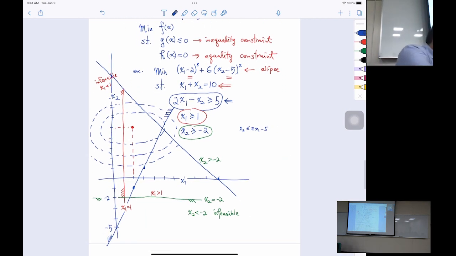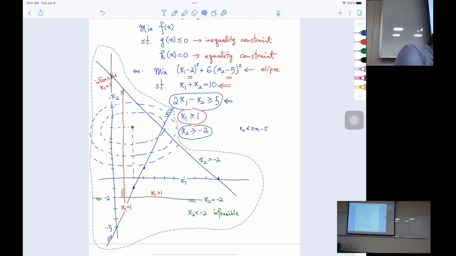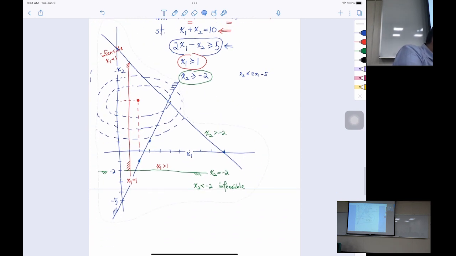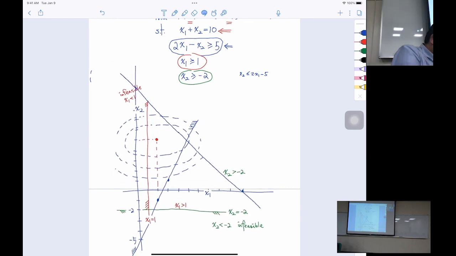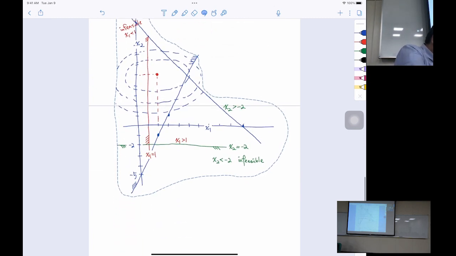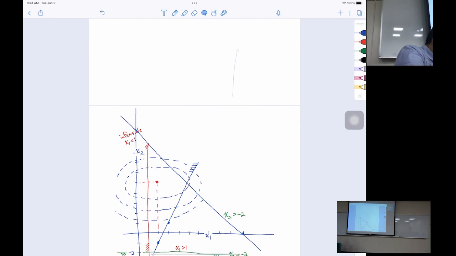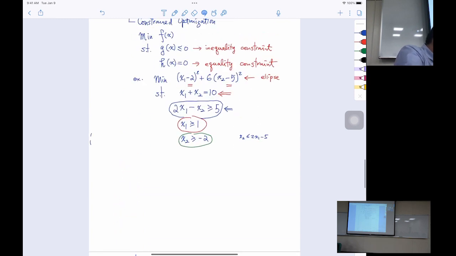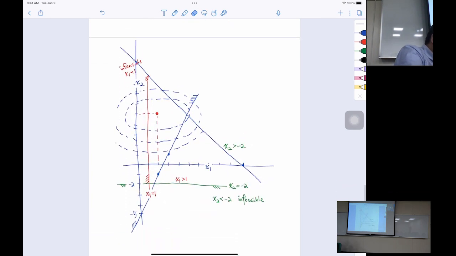Okay, and let me try to shrink the entire diagram, entire figure, or move lower. Maybe I move to another page. So this is the equality constraint of x1 plus x2 must be 10.